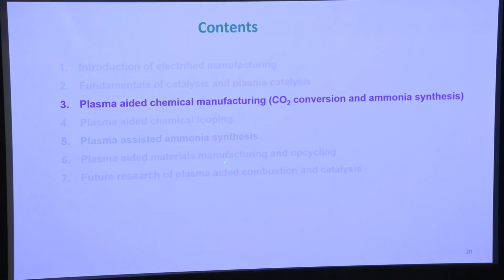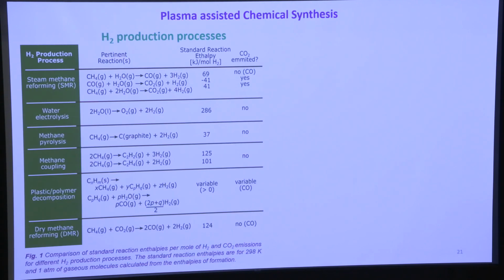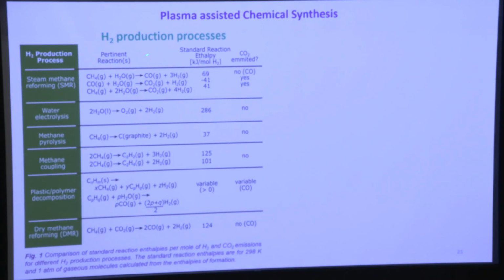So I'll try to show you some examples of plasma-assisted or plasma-aided chemical manufacturing, starting from CO2 reduction, followed by ammonia synthesis, for example. Hydrogen production has become a big deal in terms of America's future.